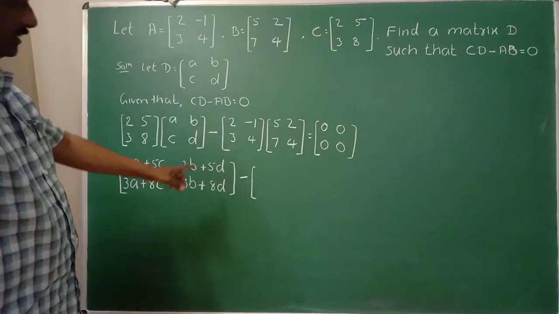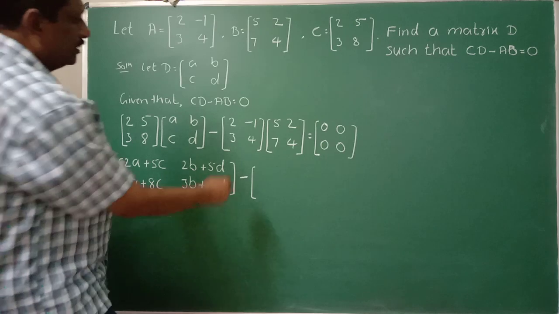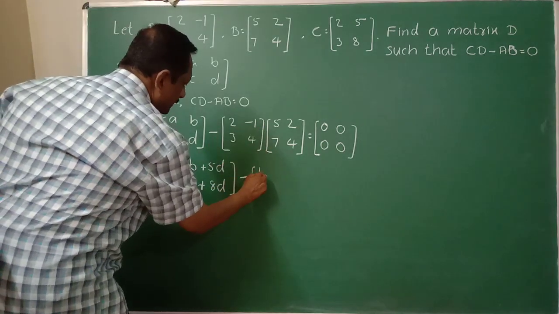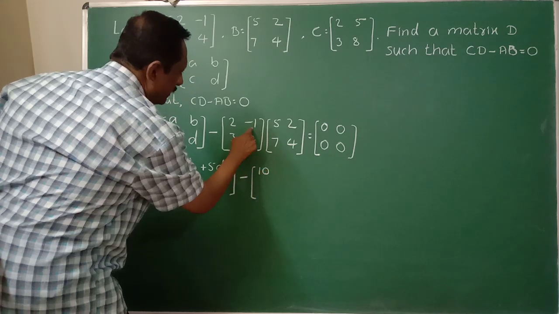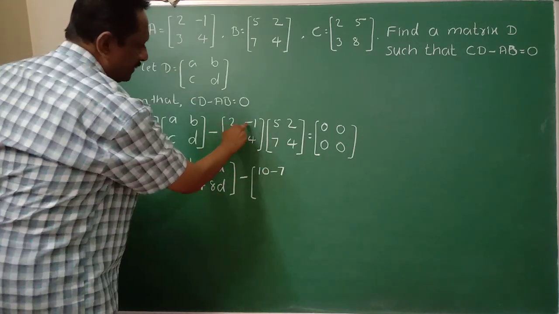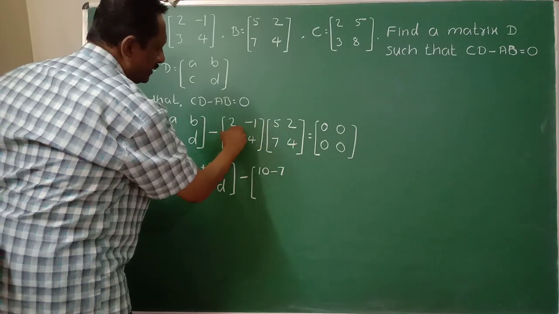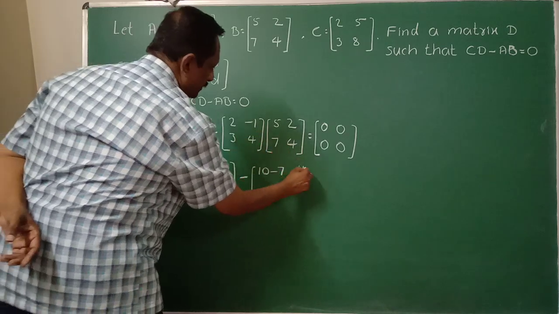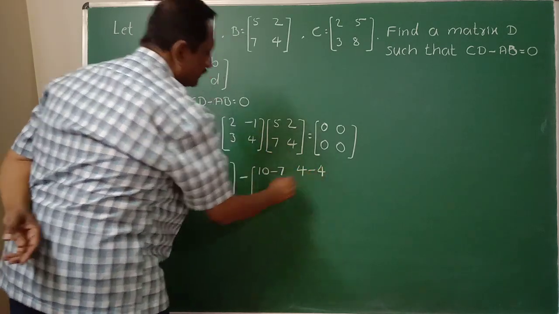Again for the matrix product, multiply row with the column. Multiply this row with the first column: 2 5s are 10, minus 1 into 7 is minus 7. Multiply first row with the second column: 2 2s are 4, minus 1 into 4 is minus 4.